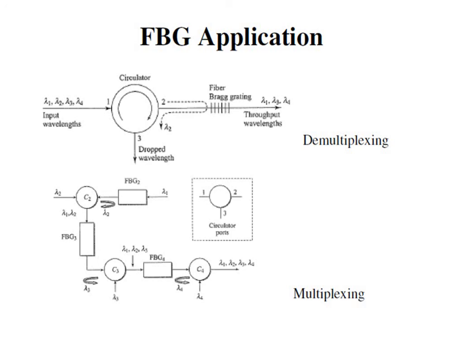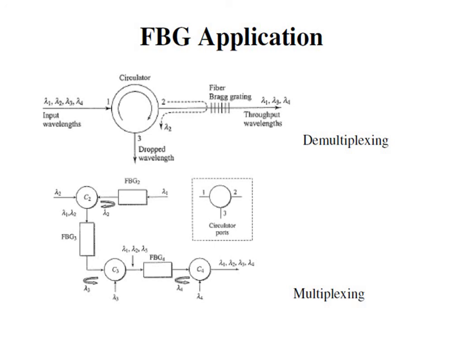After wavelength lambda 1 passes through FBG2, it enters port 2 of the circulator C2 and exits from port 3.